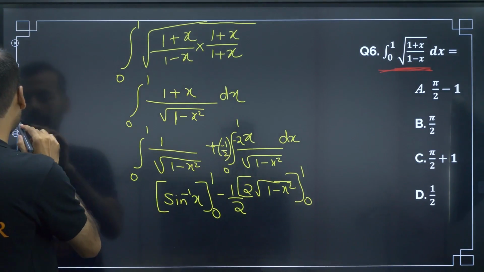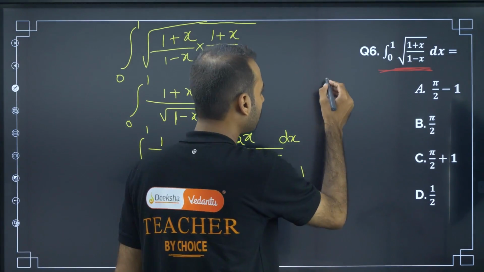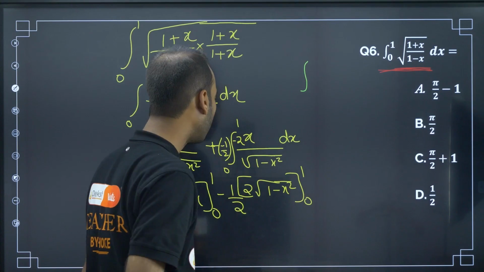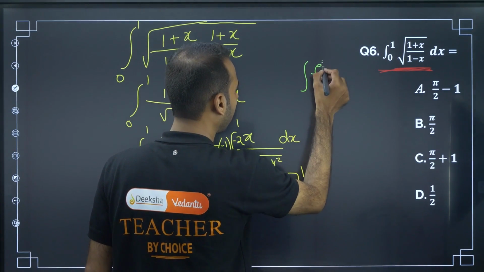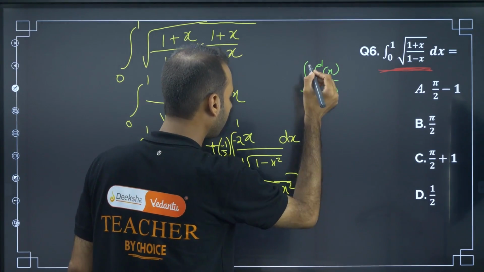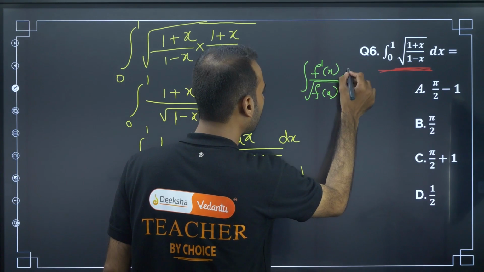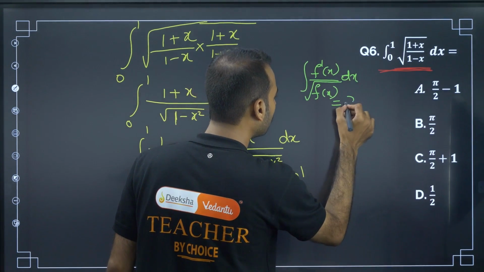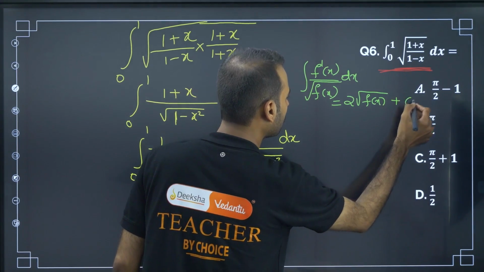How did we get this? For this I will tell. So integration of f dash of x by root of f of x dx is equal to 2 root f of x plus c.